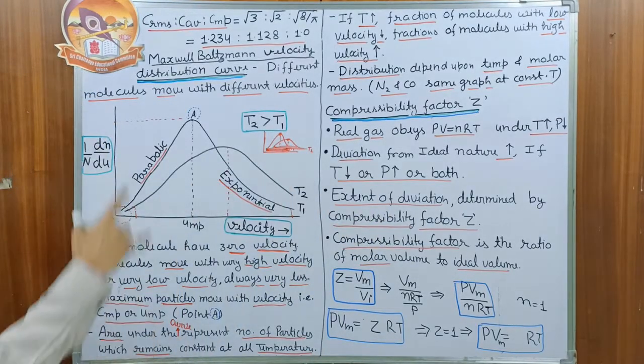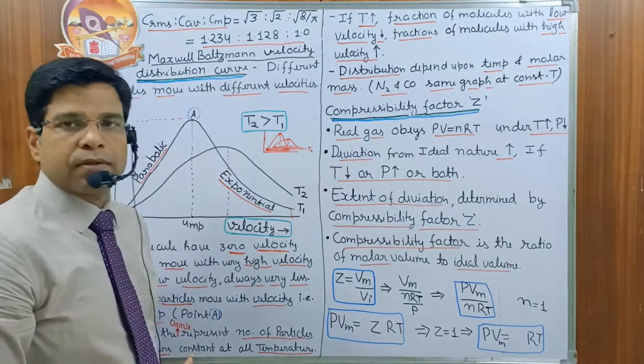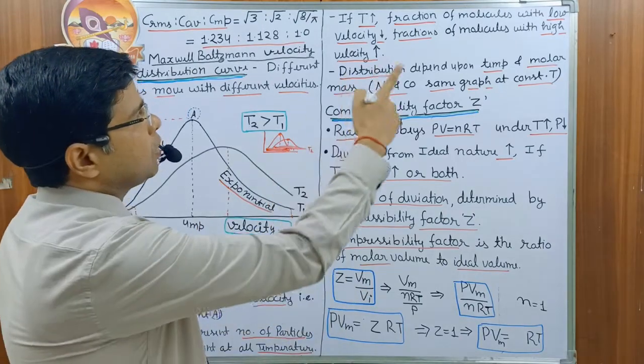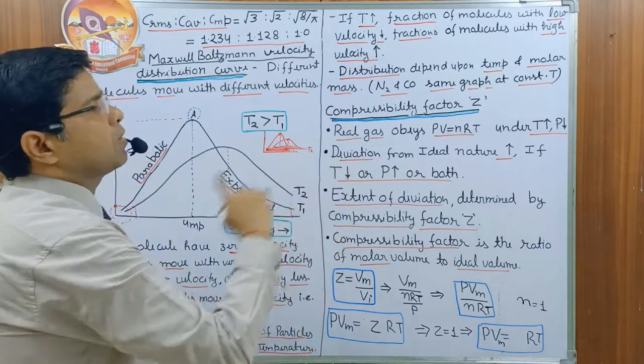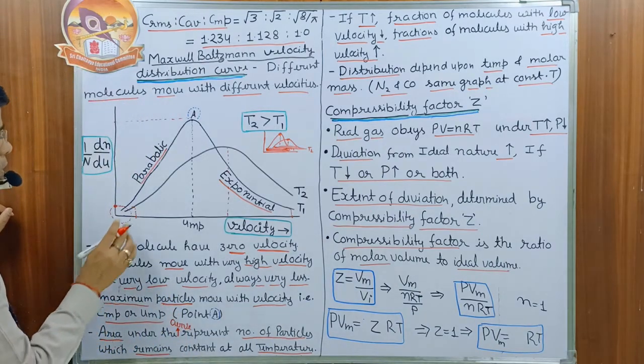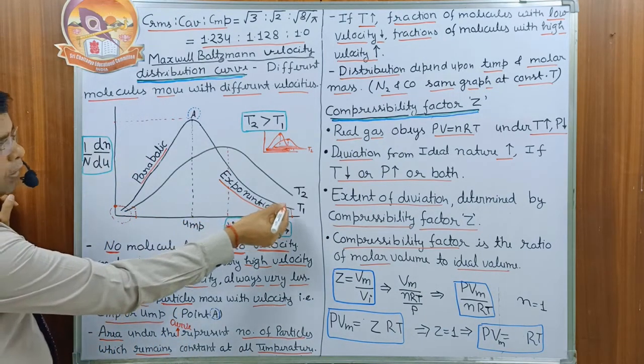Okay, and then I said if temperature increases, the fraction of molecules with lower velocity always decreases. Now you see this T2.